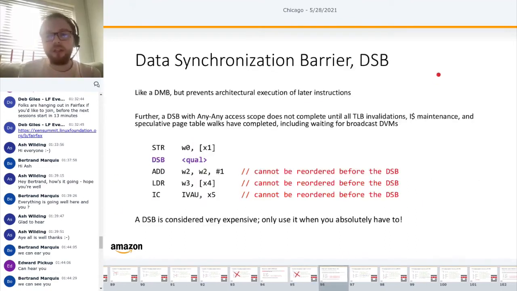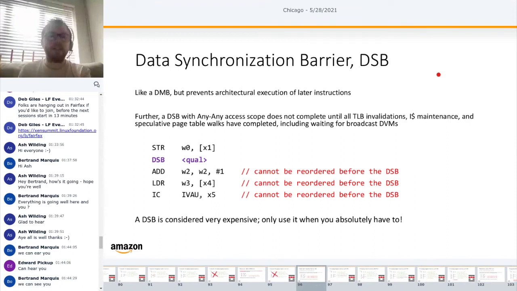So that new tool is a DSB, or a data synchronization barrier. It's very similar to a DMB, but it's a little bit stricter. It actually prevents architectural execution of any later instructions. It doesn't matter if it's a data processing instruction or an actual data load or store.